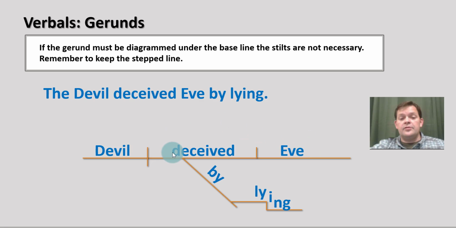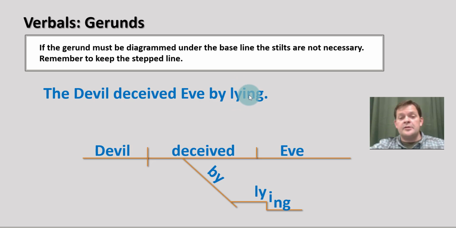And just another verbal here. In this case, the gerund is functioning as the object of a preposition. The devil deceived Eve by lying. Well, by lying is a prepositional phrase. Lying is the object of the preposition, even though it is a gerund.